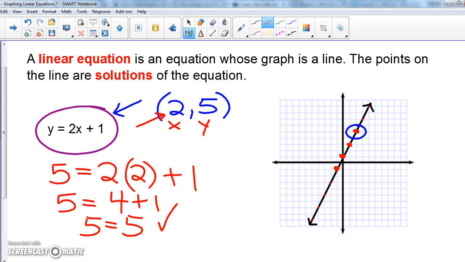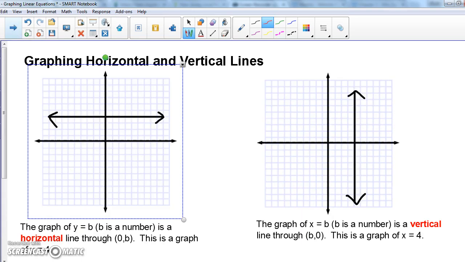Okay, so that's the first thing. The other thing I wanted to review before we start graphing these lines typically is the weird ones, right? And so the weird ones are going to be either the horizontal and the vertical lines. So the horizontal and the vertical lines are the ones that are either missing an x or a y.